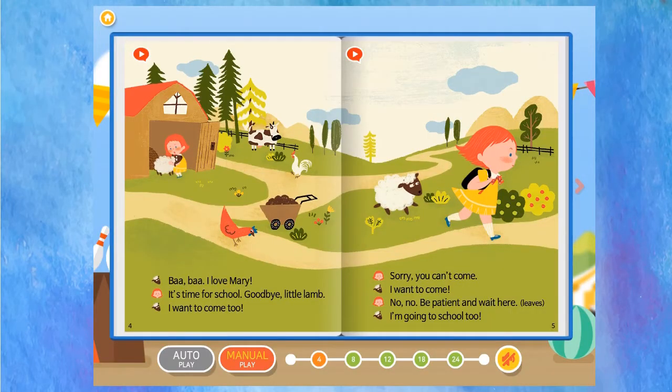Let's remember what happened at the start of the book. Mary and Mary's lamb are at home. It's time for school, and Mary's lamb wants to come too. Mary says, "No, you can't come to school," to her lamb. Did the lamb listen to Mary? No, the little lamb follows her.